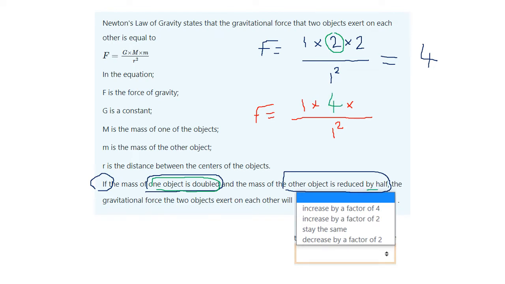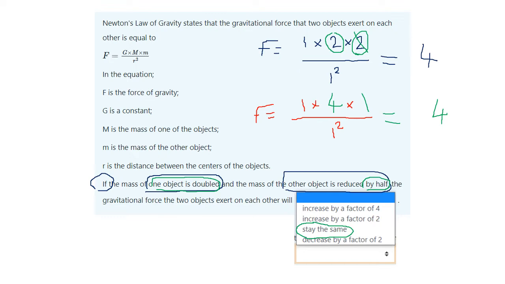The other object will be reduced by half. So instead of 2, this will become 1. Well, 1 times 4 times 1 divided by 1 is still 4. If one object is doubled and the other object is reduced by half, there will be no change. The two effects will cancel each other out.